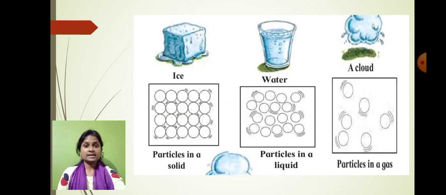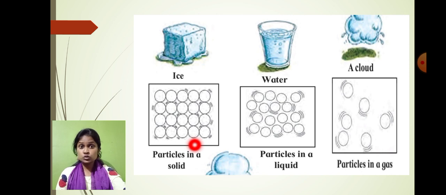But as you can see, the individual particles of all these things are the same, but the arrangement of the particles in all three states is different. The particles present in ice, in the solid state, are very close to each other, and that's the reason solids have a definite shape.